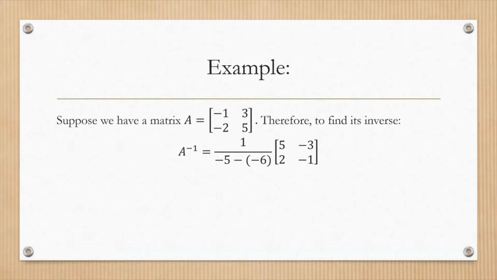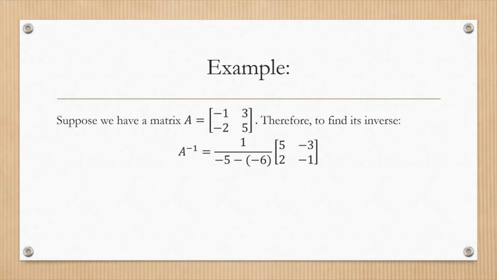This is an example of finding the inverse for a 2x2 matrix. We have this matrix A with the following values. To find its inverse, we multiply -1 with 5 and we get -5, and we subtract the product of 3 and -2, which is -6.